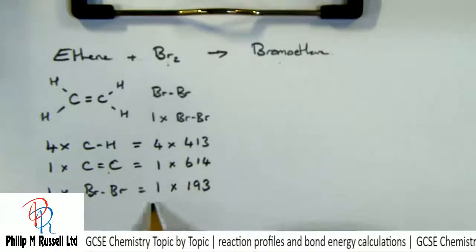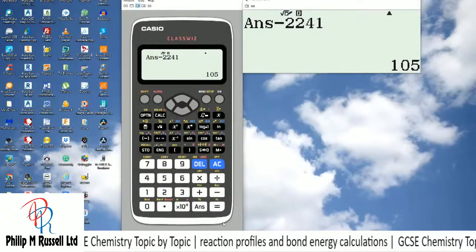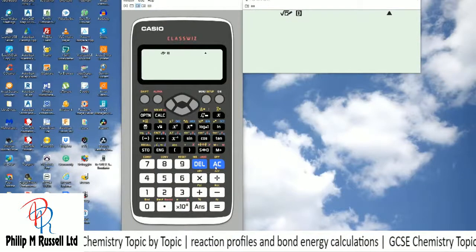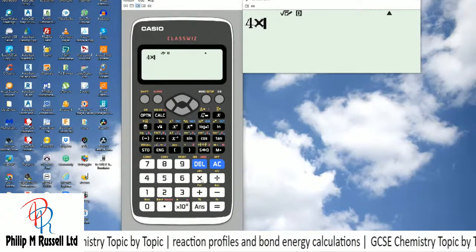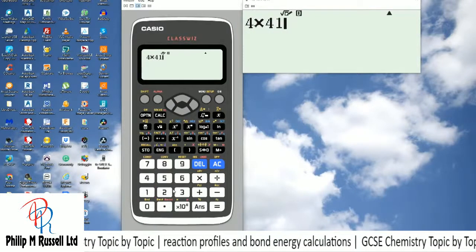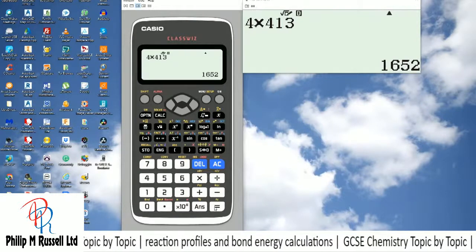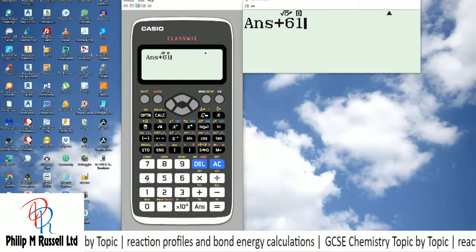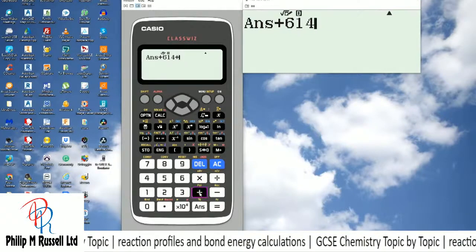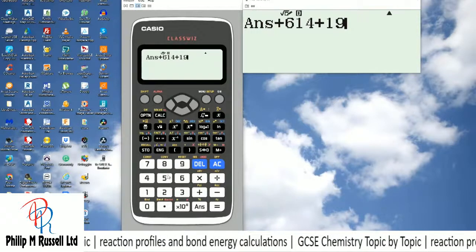So let's add up these and work out what we've got. So I've got my 4 times my 413, and I'm going to add to that my 614, and I'm going to add on my bromine, which is 193.